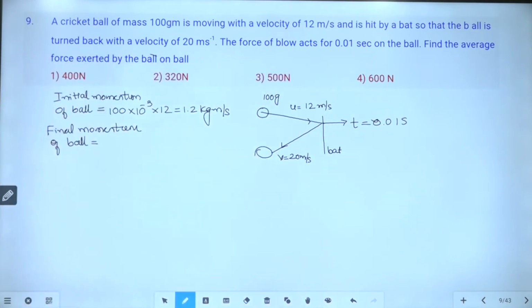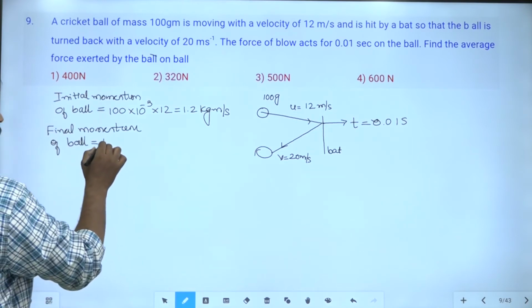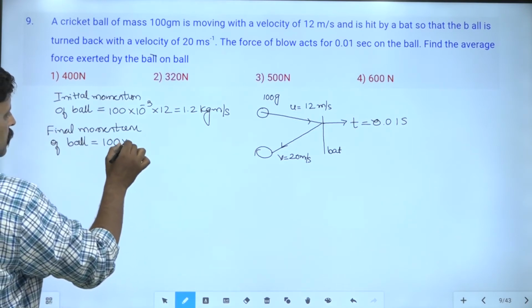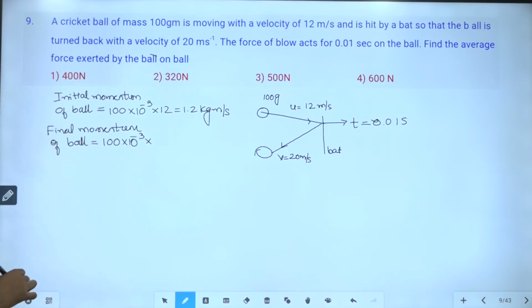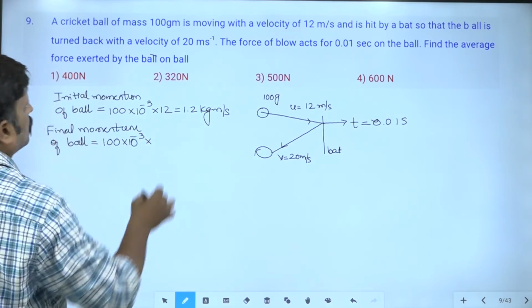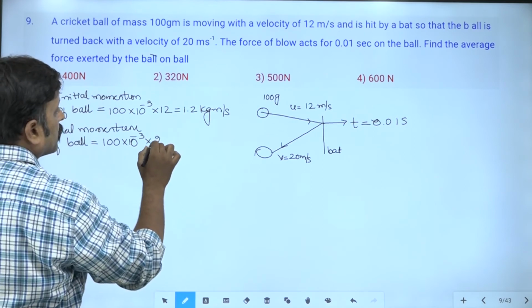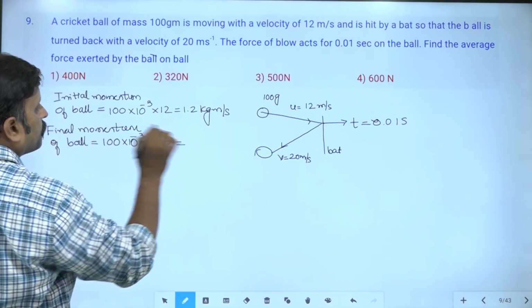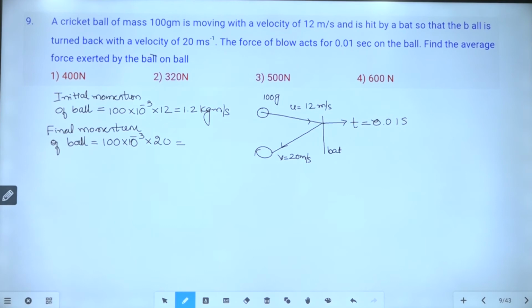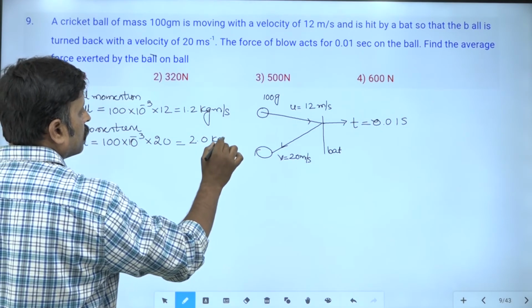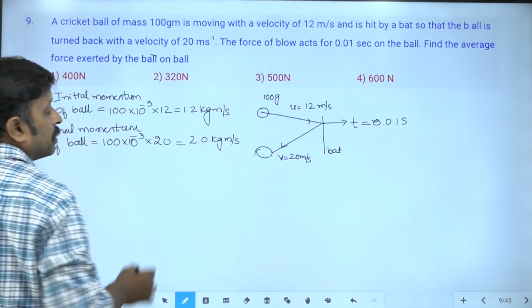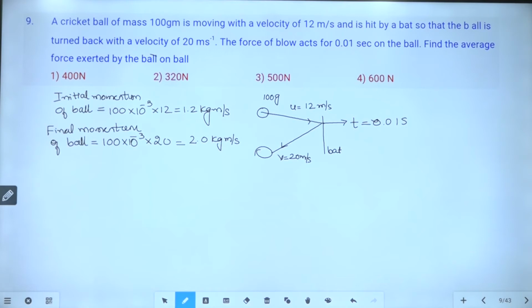Again, the mass of the ball is 100 grams, so 100 into 10 power minus 3, multiplied by velocity. Final velocity is how much? 20 meter per second, into 20. So its value is going to be 2.0 kg meter per second. Right.